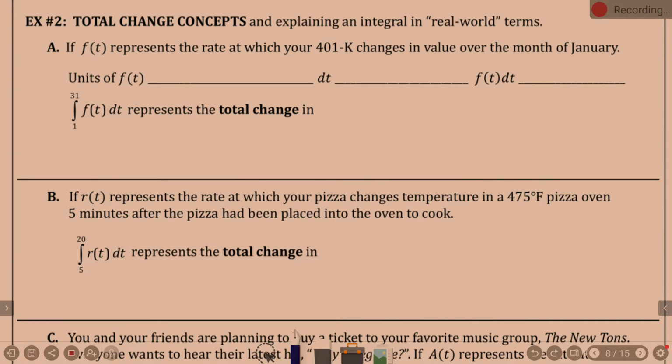F of t represents the rate at which your 401k changes in value over the month of January. So what kind of units are we going to have there? Your 401k changing is dollars over the month of January. So since it's over the month, we're actually going to talk it day by day. So dollars per day.